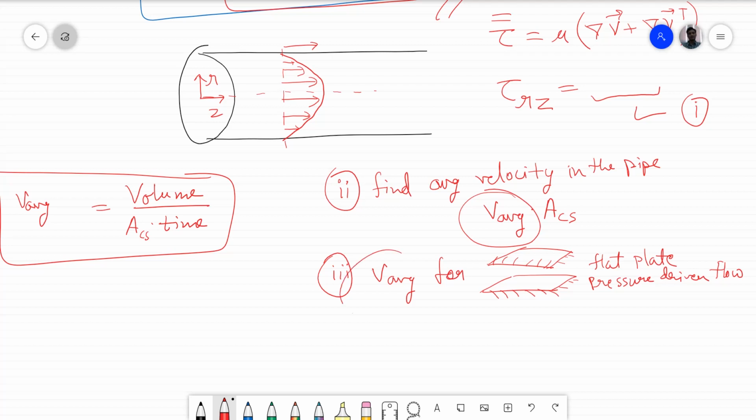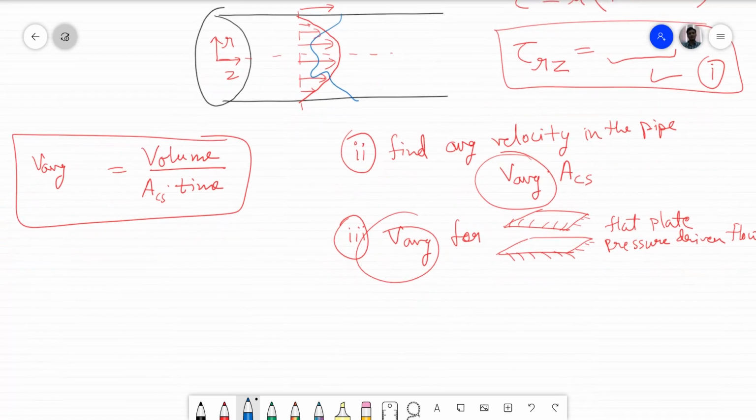So V average for both of these cases you have to find, and you have to write this tau rz and show that here. What will the profile look like for tau rz? Okay, thank you.